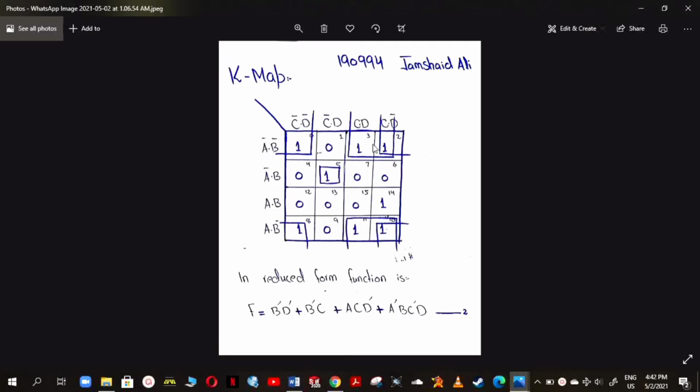This is also a group of 4. Only C is common horizontally, and vertically only B complement is common in both pairs. So we write its Boolean expression, which is B complement C.